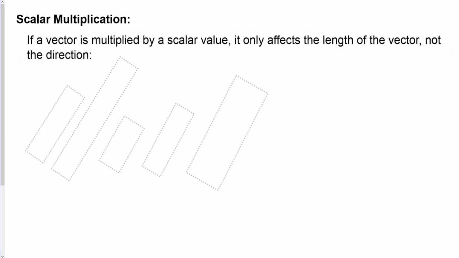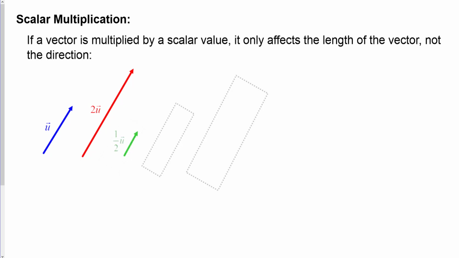Scalar multiplication. If a vector is multiplied by a scalar value, it only affects the length of the vector, not the direction. So if I have vector u, which is some given length and direction, and I multiply that vector by a scalar value, it's only going to double the length of the vector. The direction stays exactly the same. Similarly, if I take 1/2 of u, it's just going to reduce the length of the vector by 1/2.